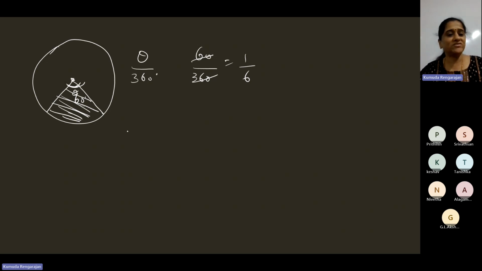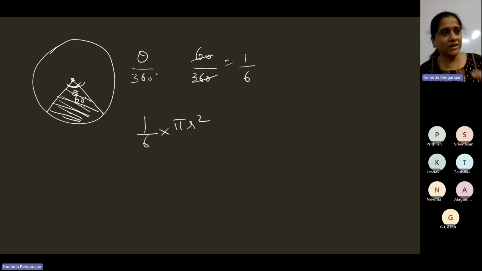So what will be the area of this sector? 1 by 6 into pi r square. Because if it occupies 1/6 the area of the whole circle, then its area also will be 1/6 of the area of the circle, which gives us this formula. Area of the sector is equal to theta by 360, whatever fraction, into pi r square.